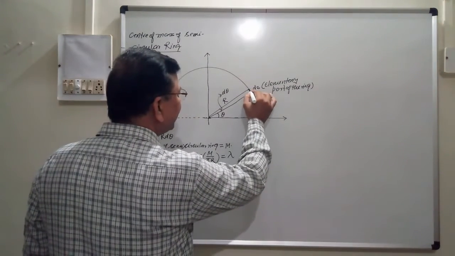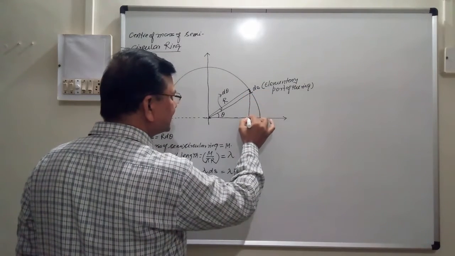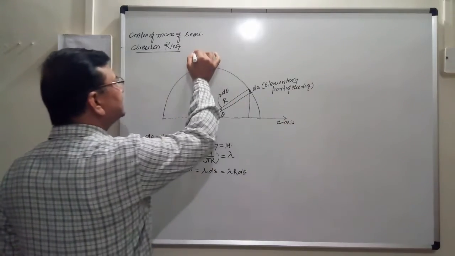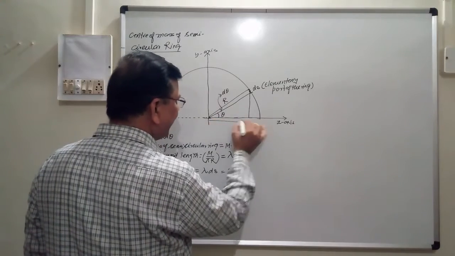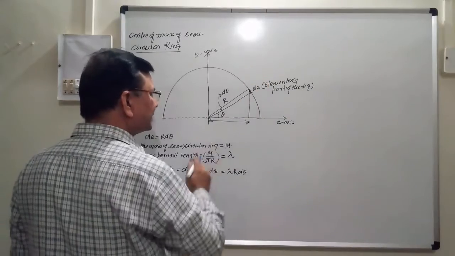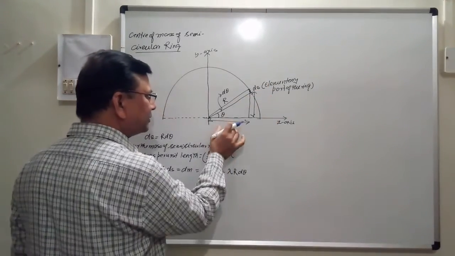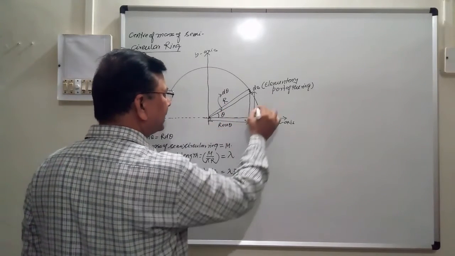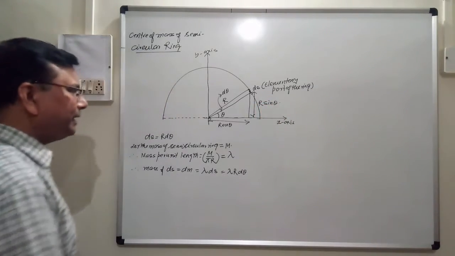And if you look at the center of mass for this very elementary part, this is the x-axis, this is the y-axis. So this is the x-coordinate of the center of mass of ds, and this is the y-coordinate. That will be r cos theta, and this will be r sin theta, right?